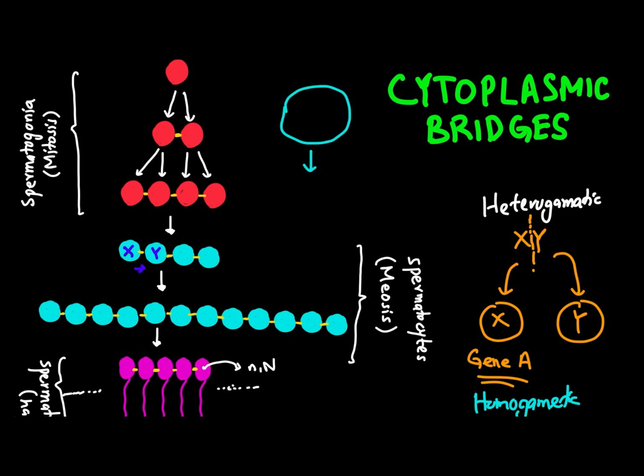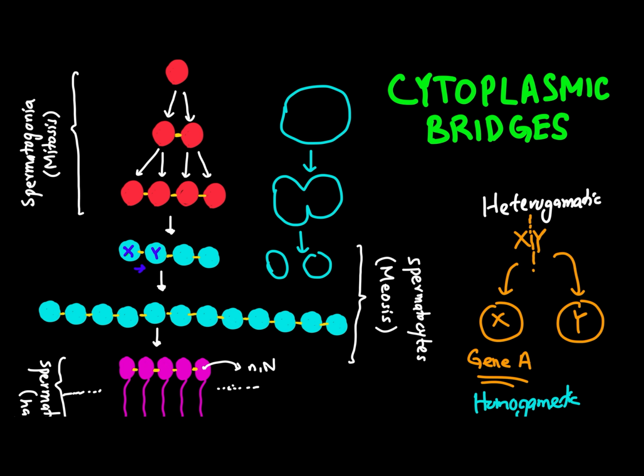In cytokinesis, it will produce two different individual separated cells. So in spermatogenesis, the cytokinesis process is incomplete, because the cytoplasm is still connected between the two cells.